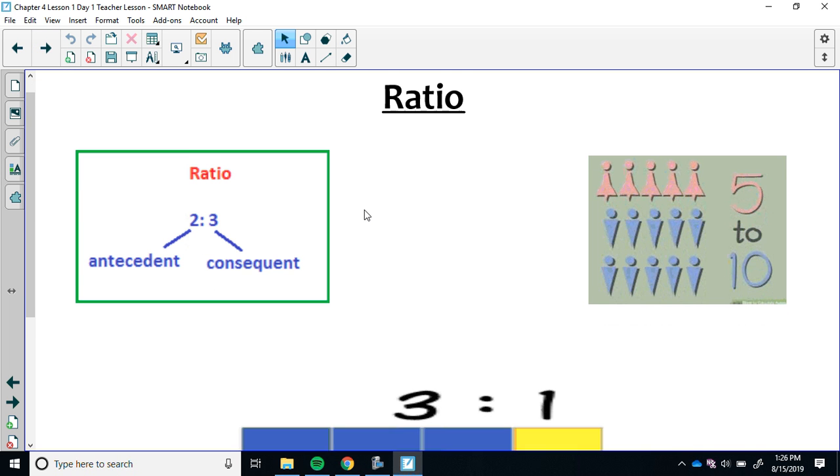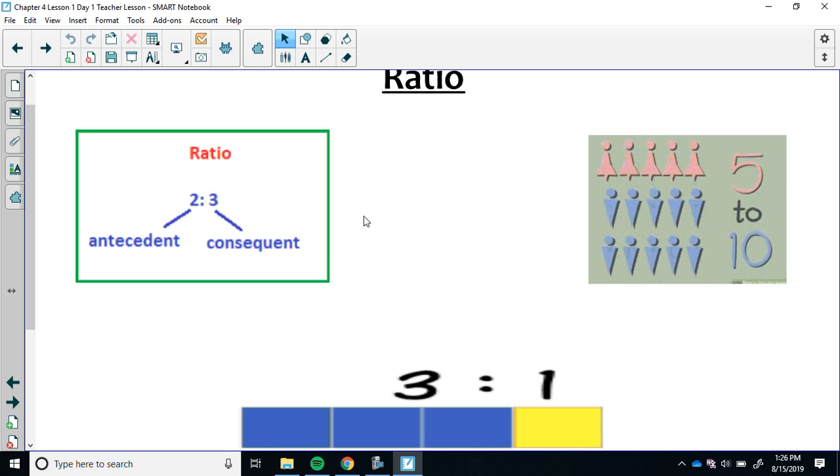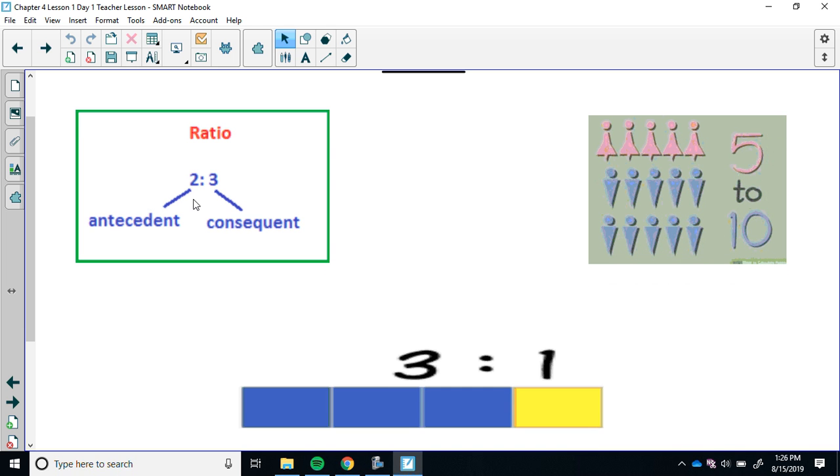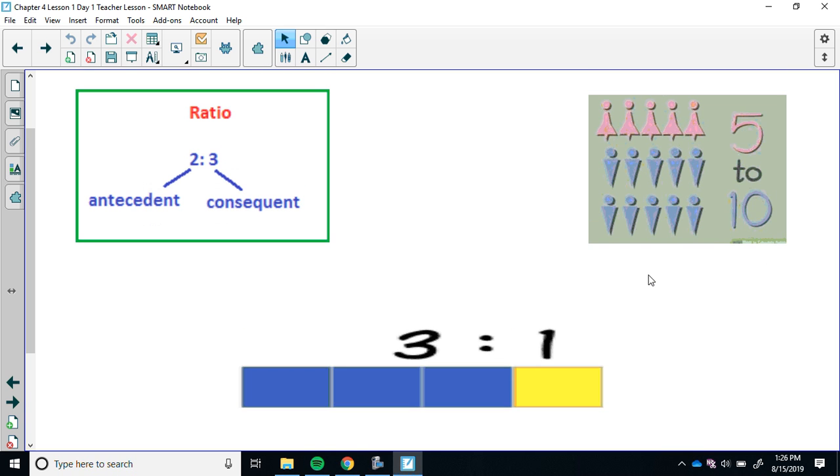Ratio. A ratio compares two items, two quantities, two things. You can see here I have 3 different examples of how a ratio can be written. It can be written like this, like this, or like that.